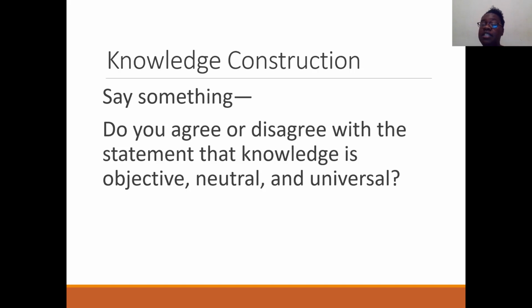So a key element of critical scholars is that social injustices always involve claims that particular knowledge is objective, neutral, and universal. So if you said that knowledge is objective, neutral, and universal, then social scholars would not agree with that statement at all, okay?